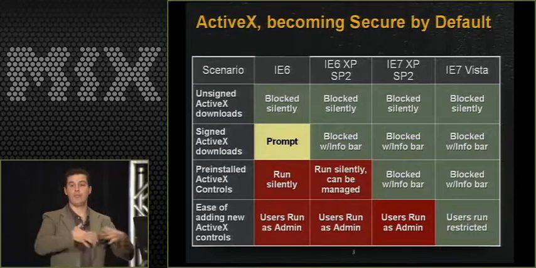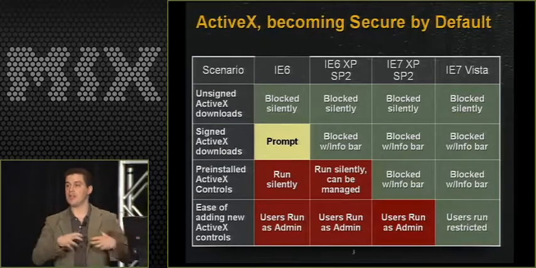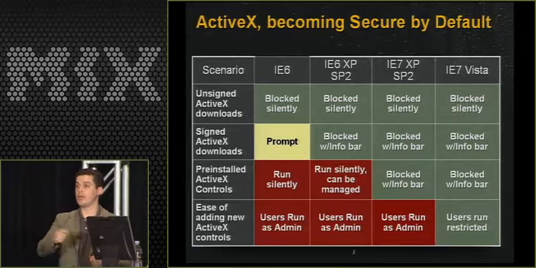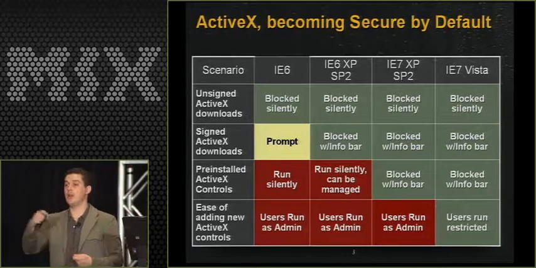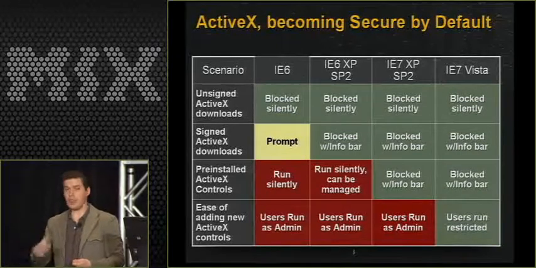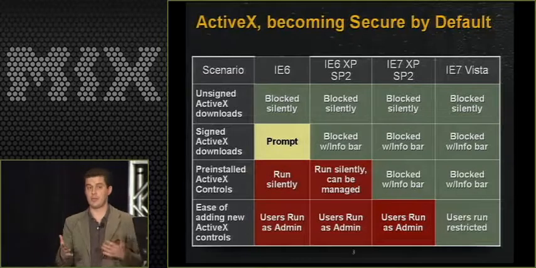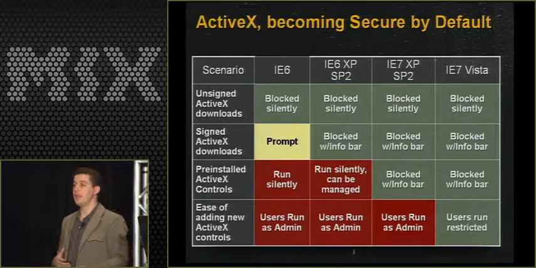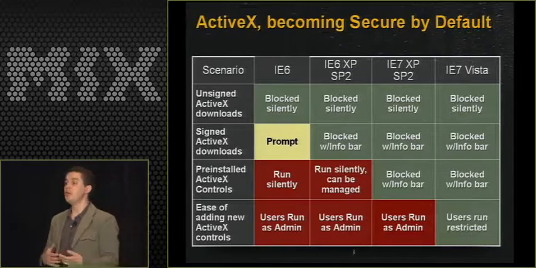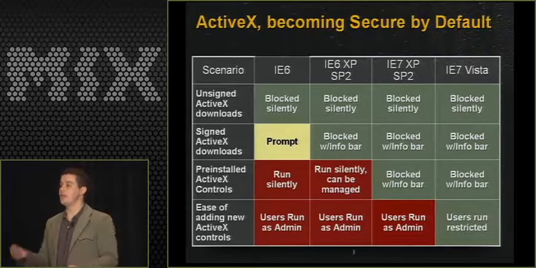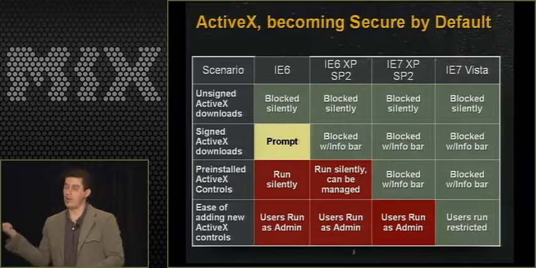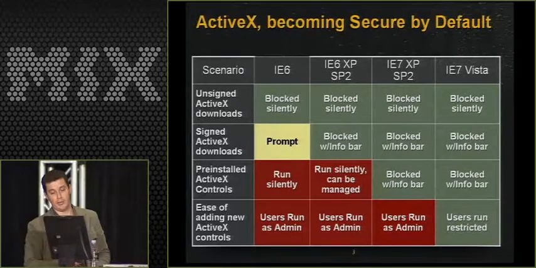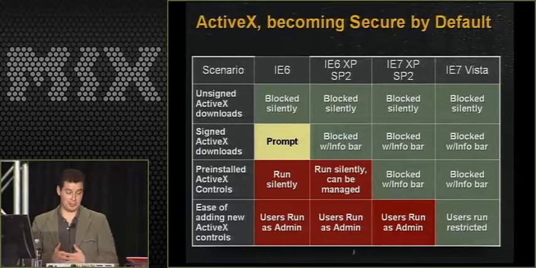And any developer who has an ActiveX control that they need to enable for a particular scenario can go and write the registry key to enable that in an end user system. It's a very simple reg key to write. If you're a site and you need an end user to be able to use a control, you could encourage the end user to use the information bar in the same way that my brother did to let the bad code run in his system.